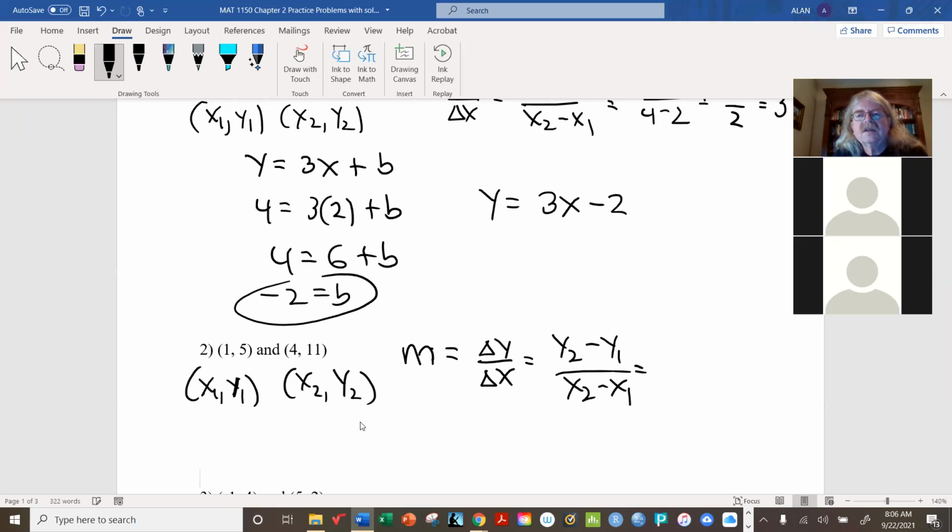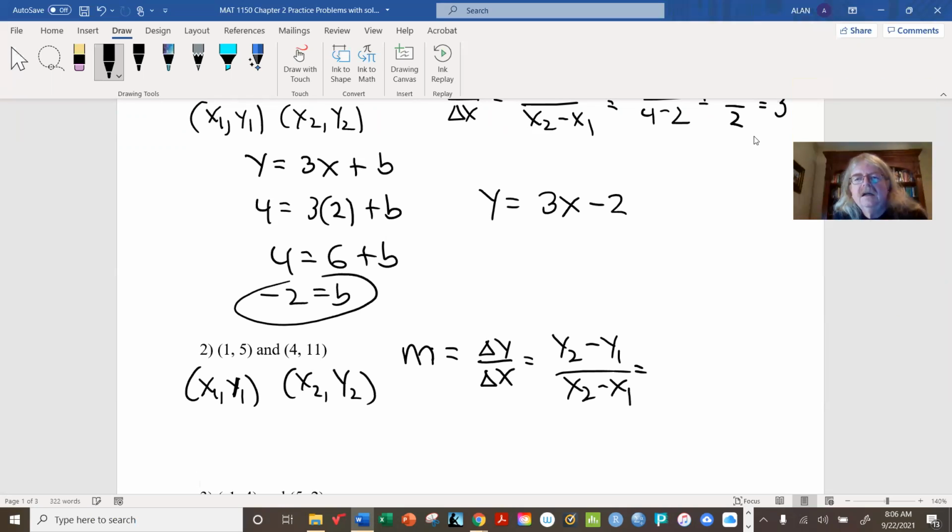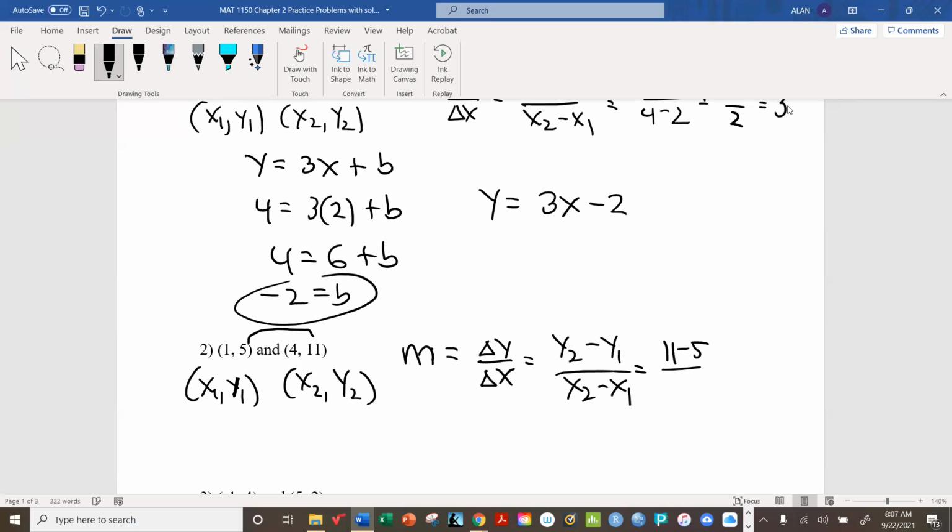All right, so what does that leave us with? Hold on one second, I need room. So we can think of this as the difference in the y's again, 11 minus 5. And the difference in the x's, well, 4 minus 1.